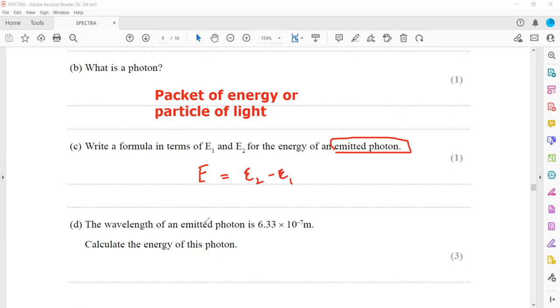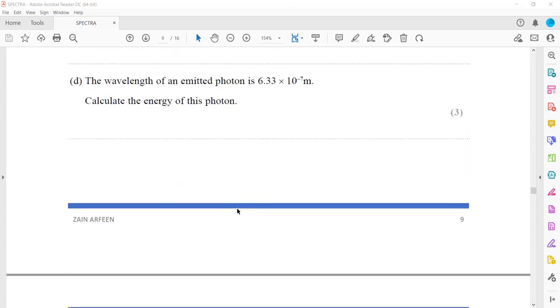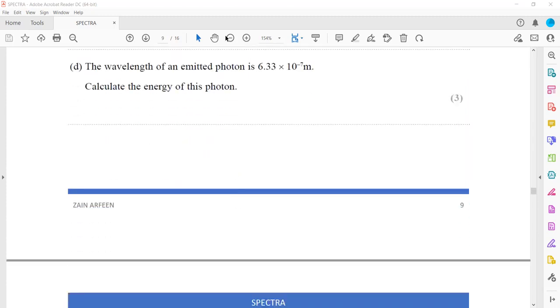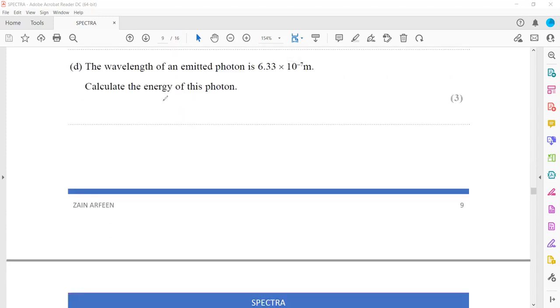Then the wavelength of the emitted photon is 6.33 × 10^-7 meters. Calculate the energy of the photon. So how can we calculate the energy of this photon? We have the formula E = hf, or E = hc/λ. E = hf is valid if we know the frequency, but E = hc/λ is valid if we know the wavelength, because frequency is speed divided by wavelength.